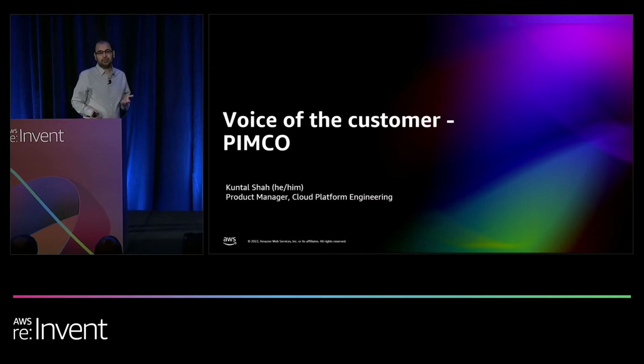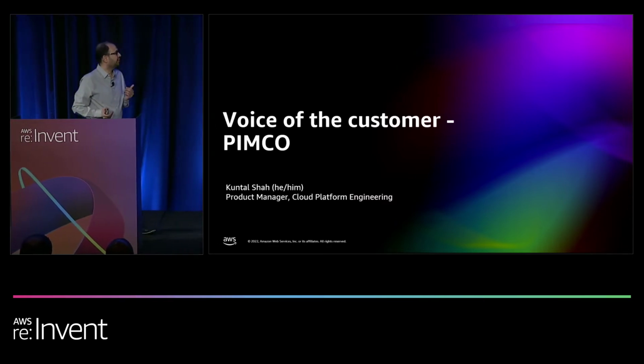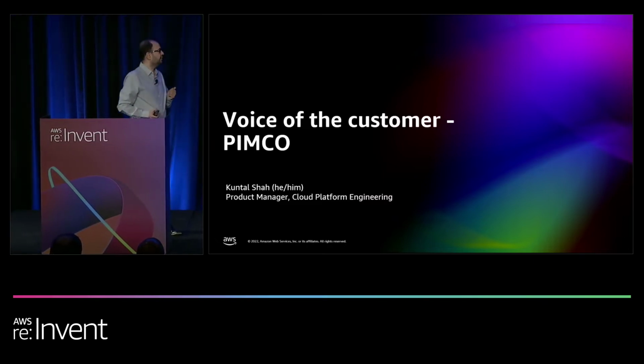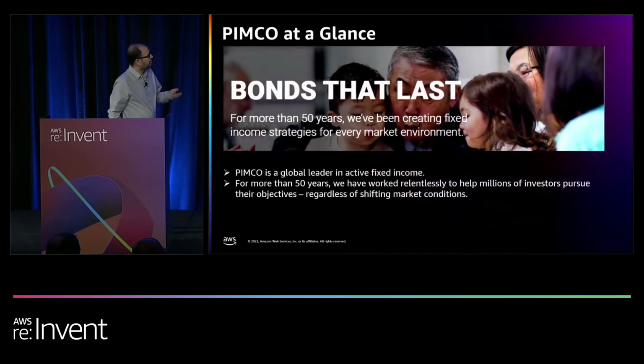As of Q3 2022, we have about $1.69 trillion in assets under management. Pimco is headquartered in Newport Beach, California. We have 3,300 plus employees spread over 23 global regions. And it includes 8 trading desks that cover pretty much every time zone. So look us up if you want to learn more. Pimco, bonds that last.